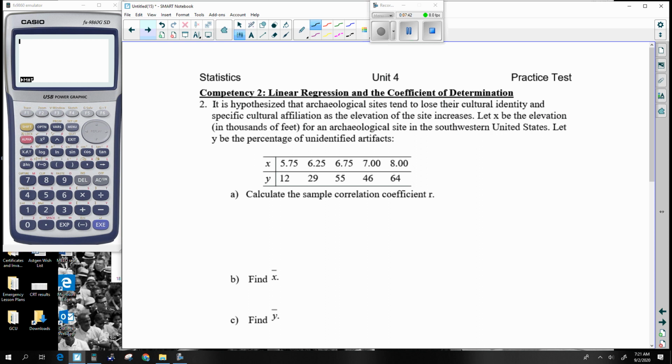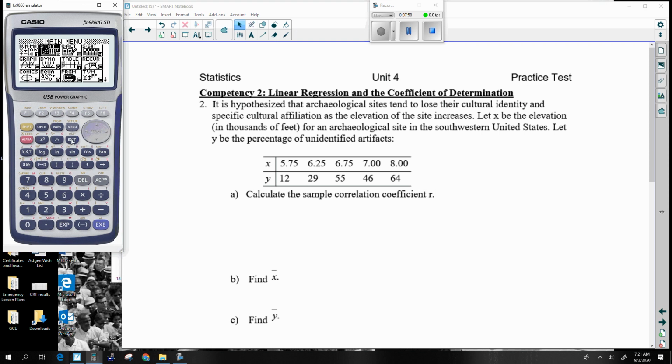Okay, now we have the linear regression. Again, the best and easiest way to get this accomplished is to use your calculator.